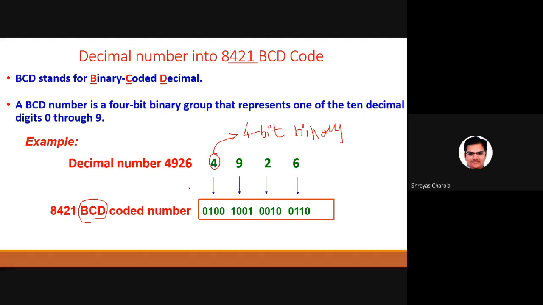So we can convert each number into a 4-bit binary value. Any doubt in this? This is the BCD numbers.